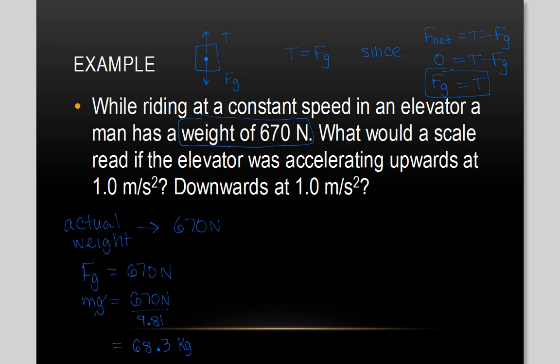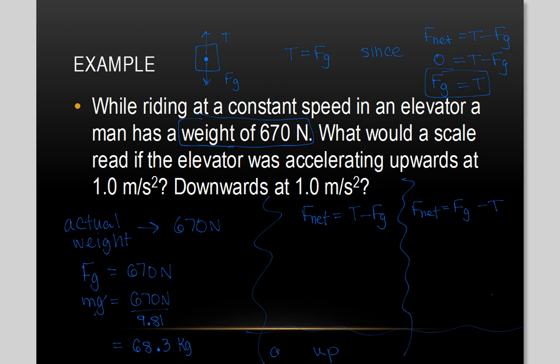Now because the scale is inside the elevator, you don't need the mass of the elevator. You can just read the scale. For when he goes up, you can use this one. And for when he goes down, you can use this one. So this is when he's traveling at constant speed. This is when acceleration's up. This is when acceleration's down.